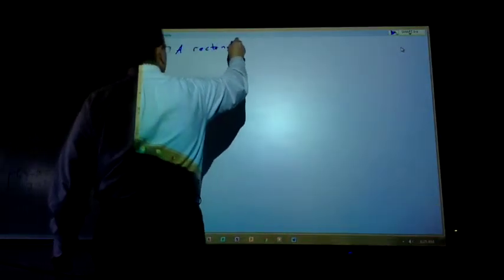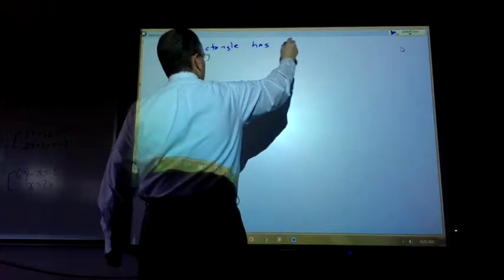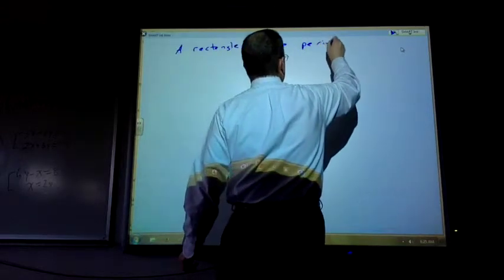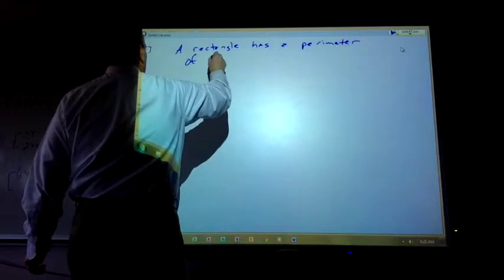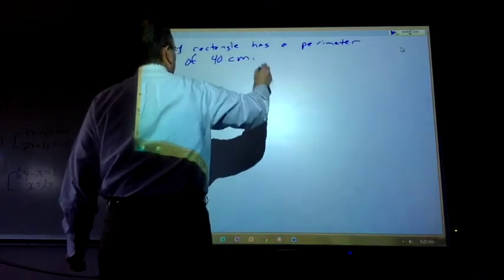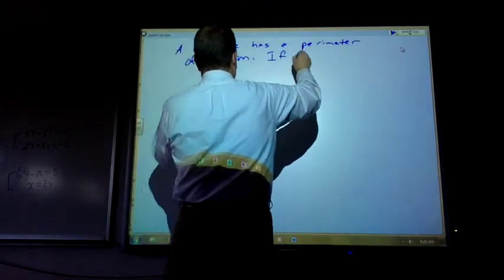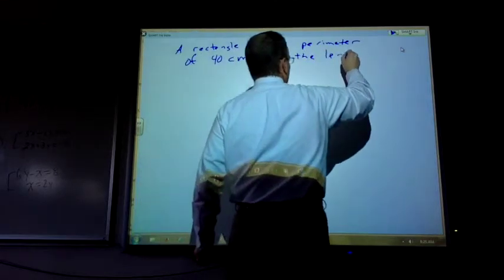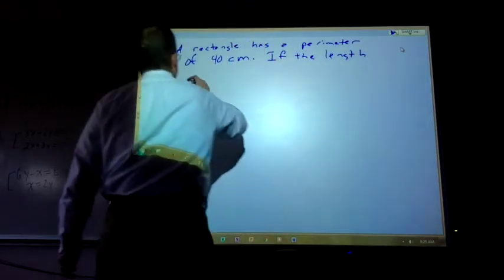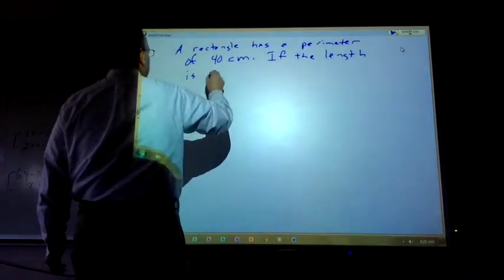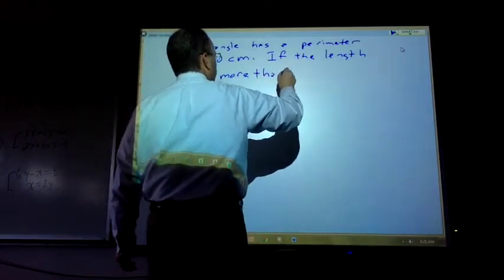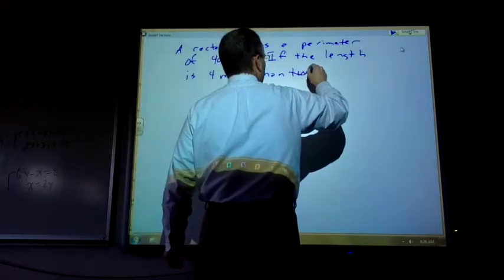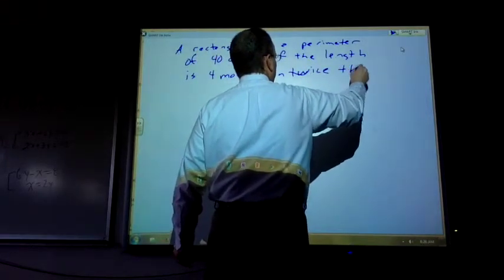A rectangle has a perimeter of 40 centimeters. If the length is 4 more than twice the width.